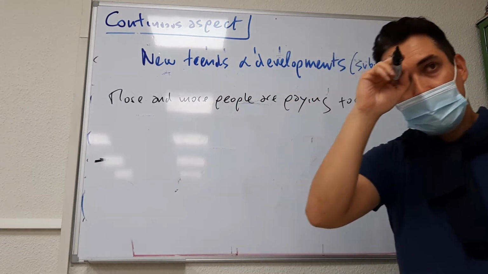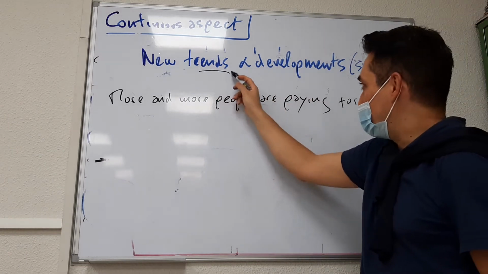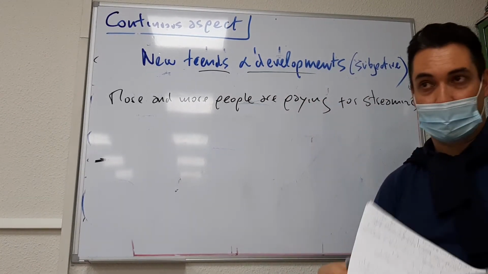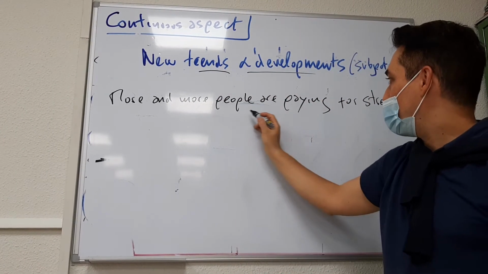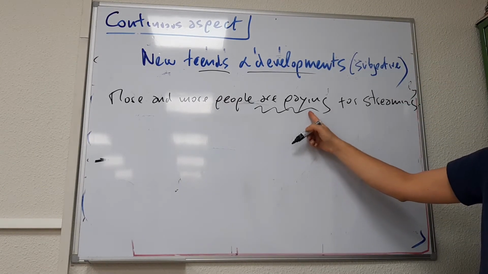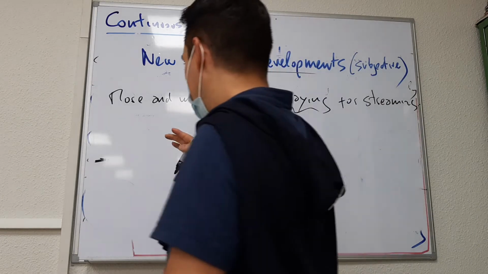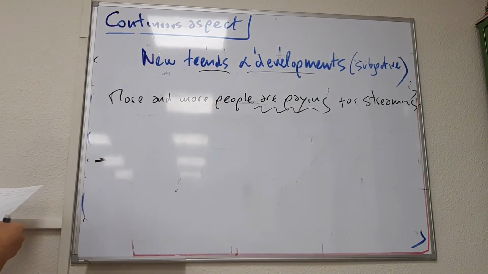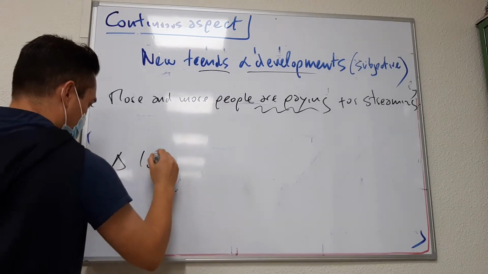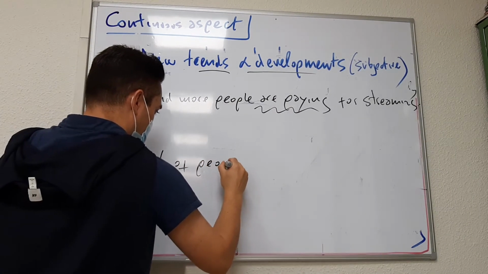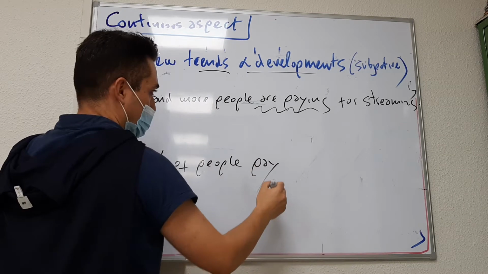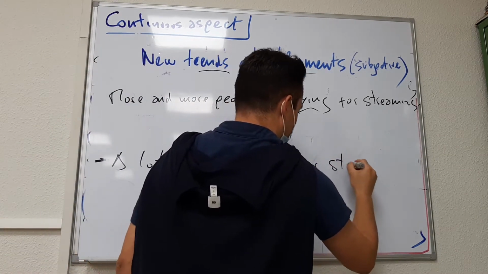If I consider that this is a trend or a development, something that is going on, I would use a continuous aspect. However, if the speaker thinks that this is an established fact, he would say a lot of people pay for streaming services.